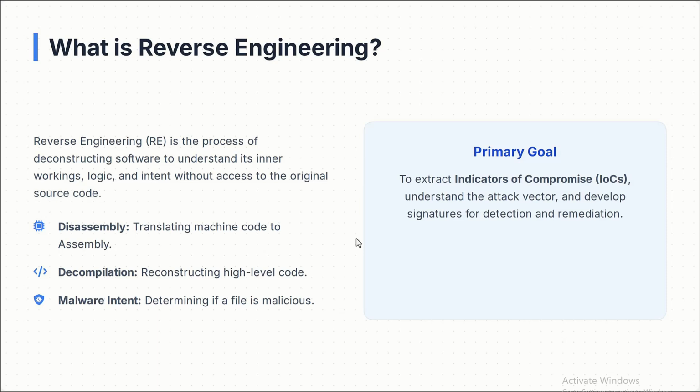But assembly language is not easy at all. Well, then decompilation comes into play. This decompilation process translates the assembly code into high-level code, such as C or C++, that can be understood more easily than assembly.